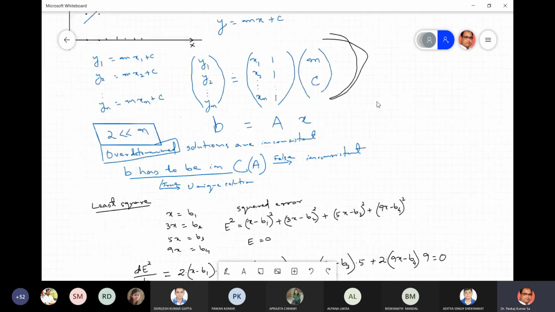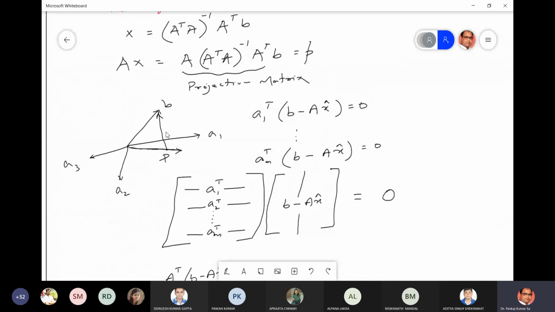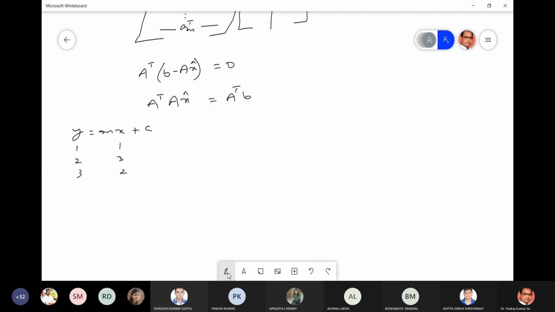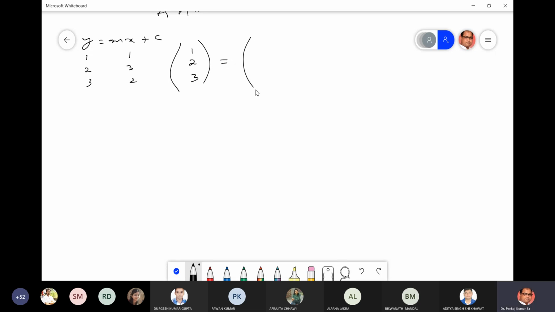So y is equal to 1, 3, 2, and the matrix has rows 1 1, 2 1, 3 1.